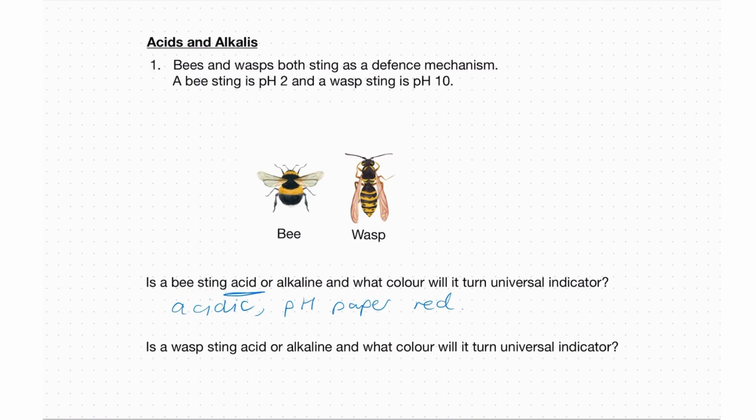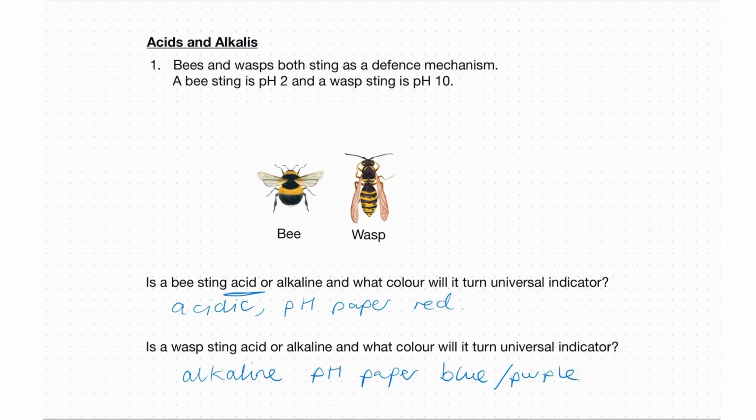And then the wasp sting, we'll see whether that's acid or alkali, and that is pH 10. So this one is alkaline, and it will turn the pH paper, and they accept a couple of different answers for this. You can say blue. Many of us think of purple, so you can also say purple as well.